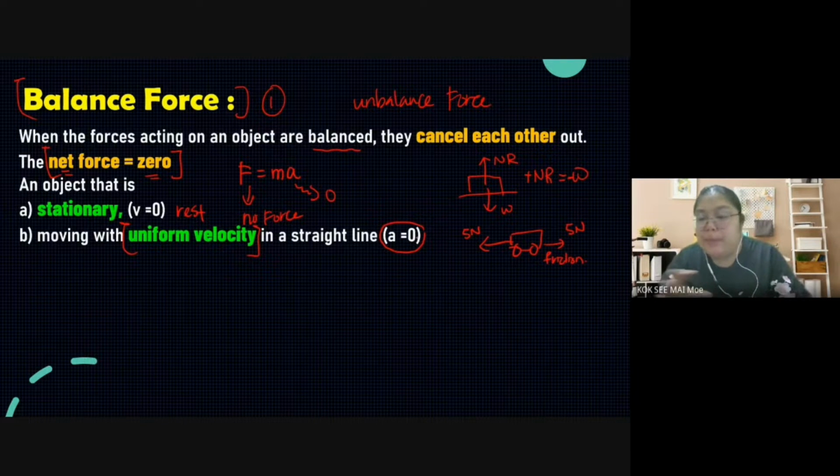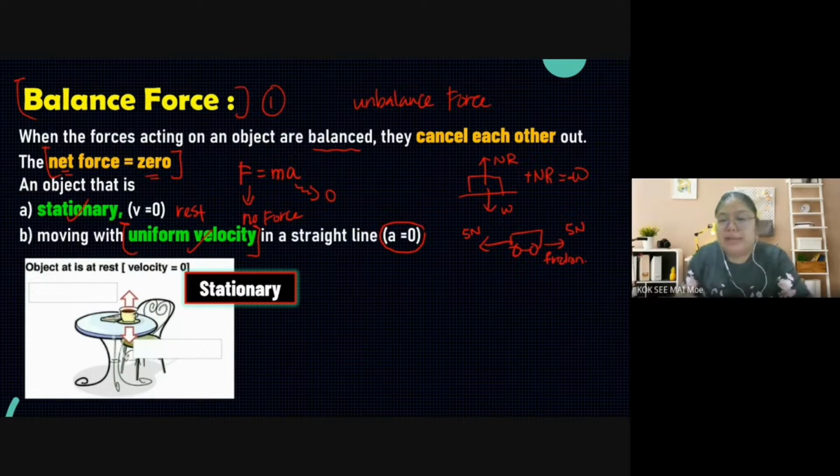That means you don't have any pickup. From starting until ending, your speed is the same. So that we call no acceleration. If no acceleration, that means we also don't have any net force acting on the object. If there were a net force, your car would accelerate, become faster. So if there is no net force exerted on the object, they will continue to move at constant velocity. So we only have two situations: stationary and uniform velocity, because there's no acceleration.